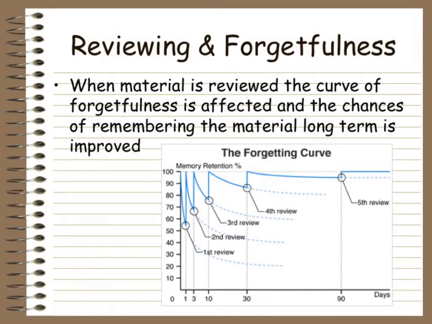As you can see in this graph, not only does it spike every time you review, but the total amount of memory retained improves with each review. So, if we can review our material more, the more we remember.